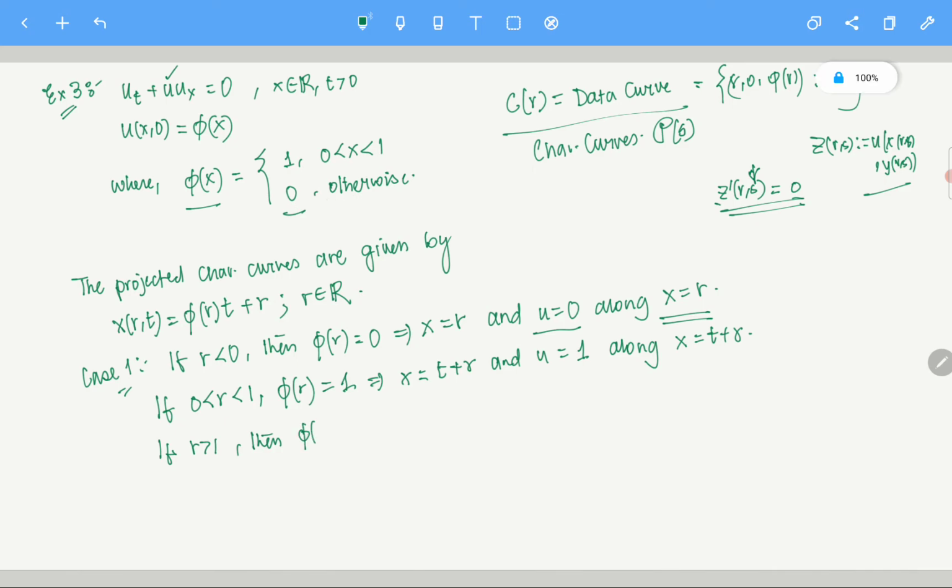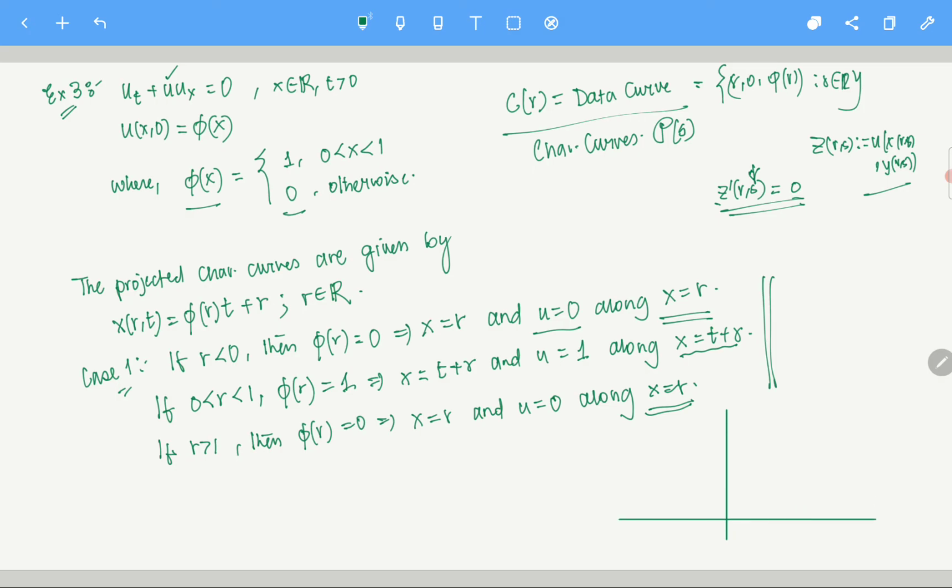So phi of R is again going to be 0, and that will imply x equals R, as in the first case, and u is equal to 0 along these curves, x equals R. So essentially what all of this means is, when R lies between 0 and 1, x is t plus R. When R is less than 0 or greater than 1, x equals R are the projected characteristics. Here, okay, so let us draw some curves. Maybe let me draw it here, it will be better.